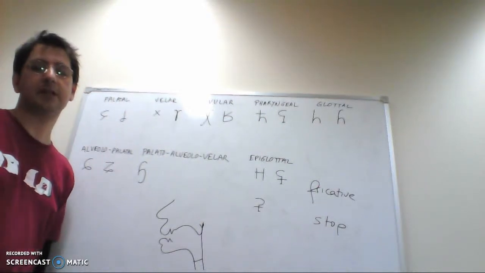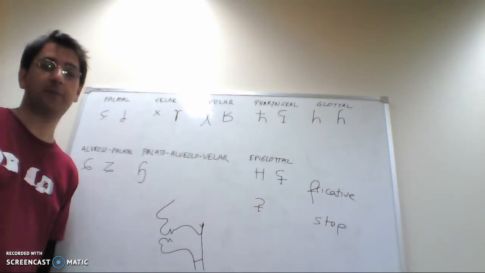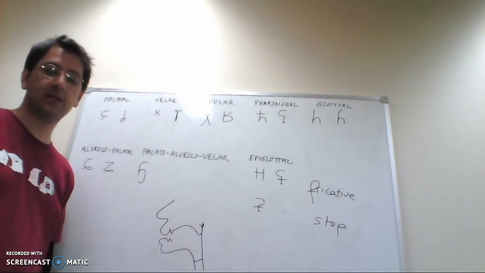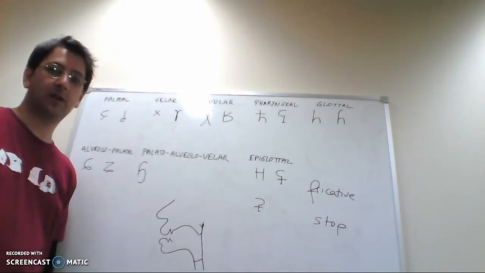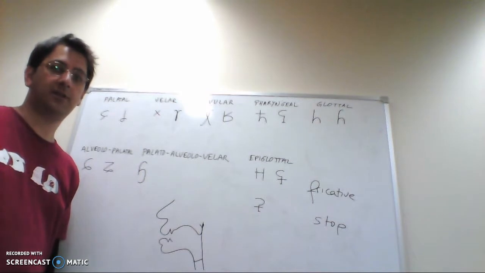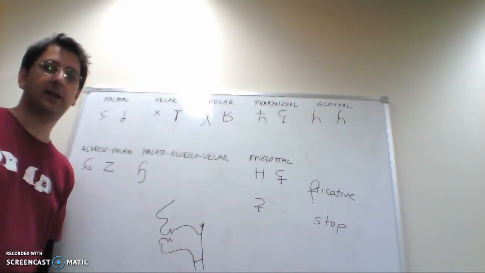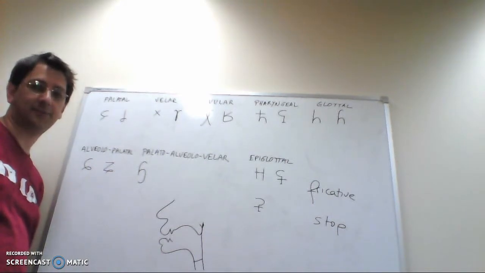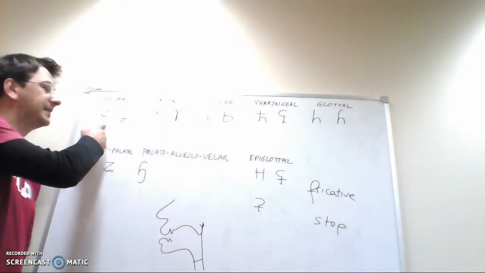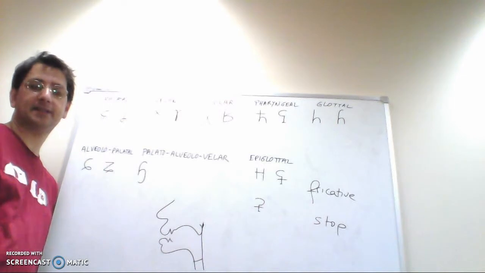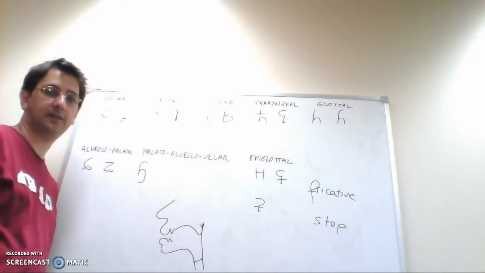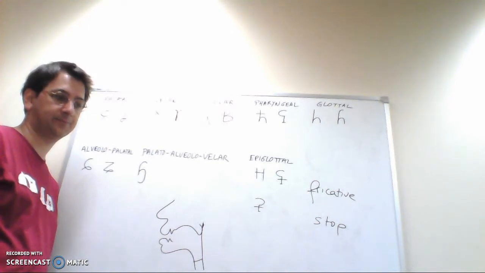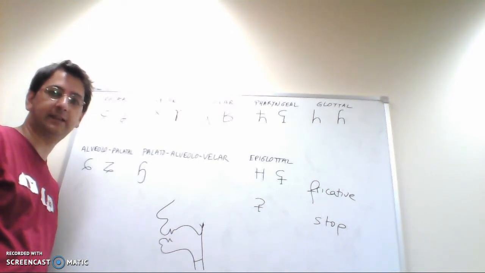This video is a continuation of a previous one on fricatives, so we keep moving backward on the vocal tract, and we will start here with the palatal fricatives. This symbol here represents the voiceless palatal fricative, which is identified as the Ich laut in German.